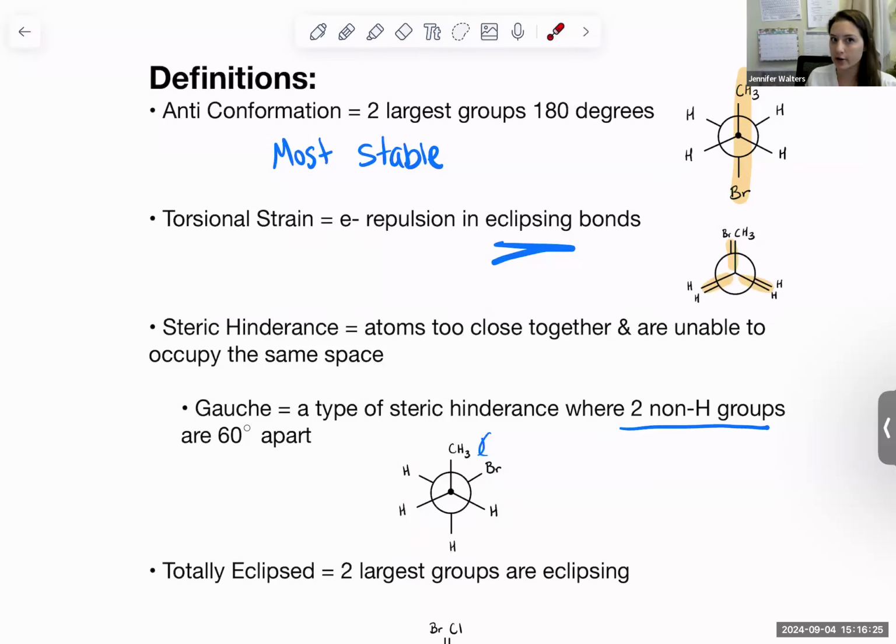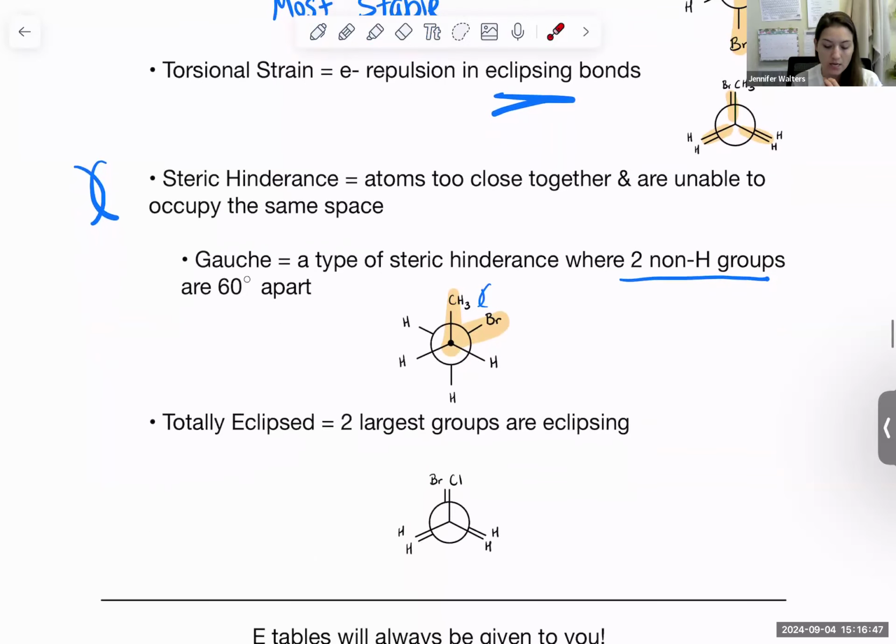It's not two non-hydrogens. Sterics get abbreviated by these overlapping parentheses to indicate that they're too close together. It's just a symbol to represent sterics. So this gauche interaction here is that steric interaction because of two non-hydrogens that are too close together.